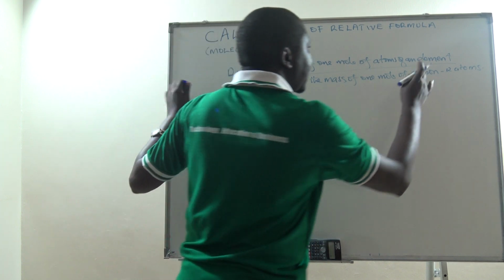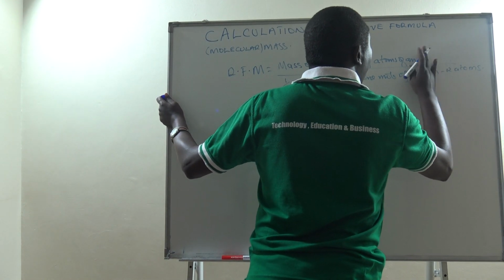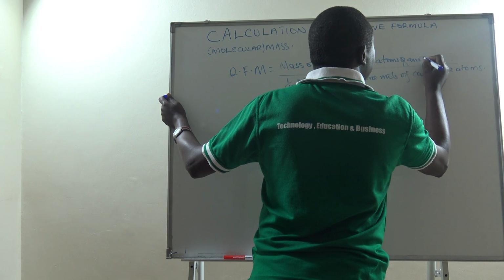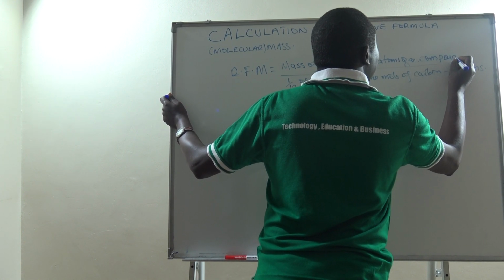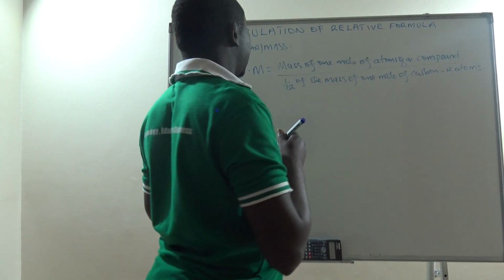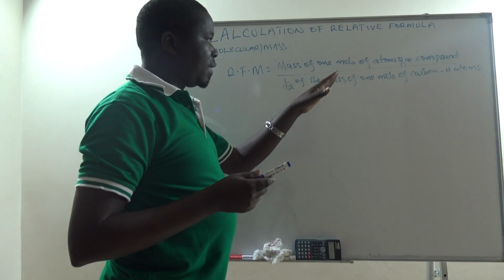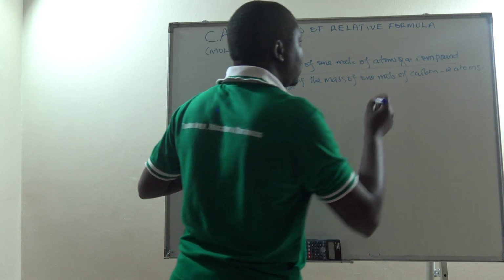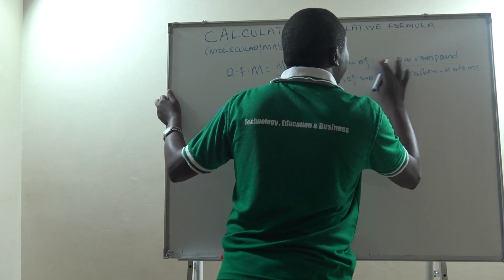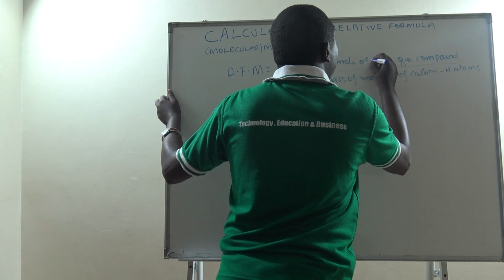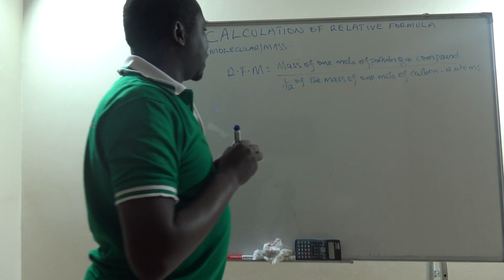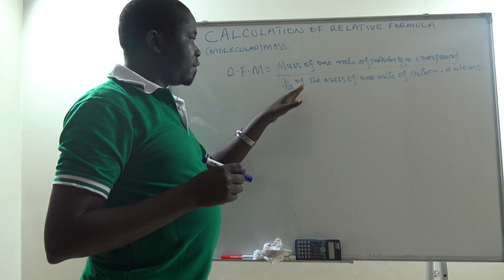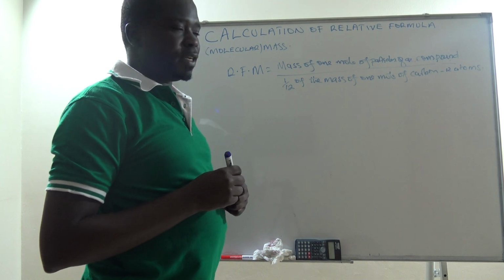In this case, we are dealing with a compound, not an element. So it is the ratio of the mass of 1 mole of atoms, let me call it particles, of a compound to 1/12 of the mass of 1 mole of carbon 12 atoms.